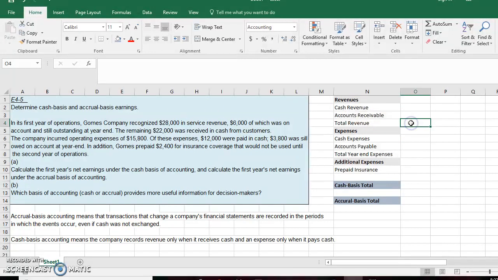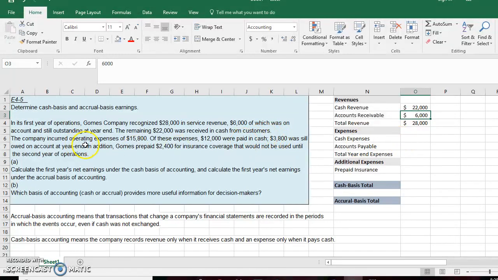So we'll go ahead and put that in here, 28,000. 6,000 of which was on account and still outstanding at year end, so we'll put in 6,000 in accounts receivable. The remaining 22,000 was received in cash from customers, so we'll put that in cash revenue, 22,000.